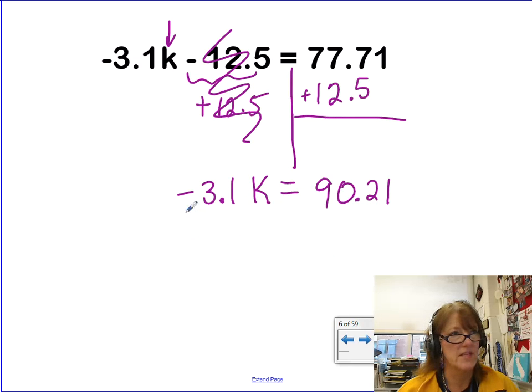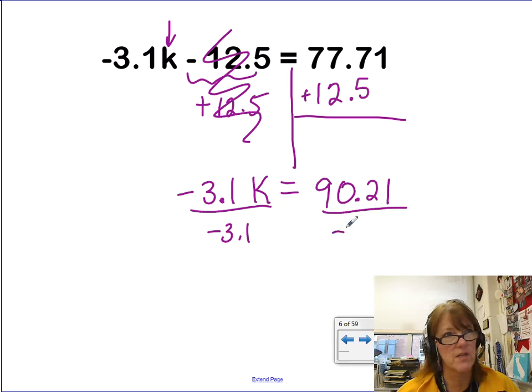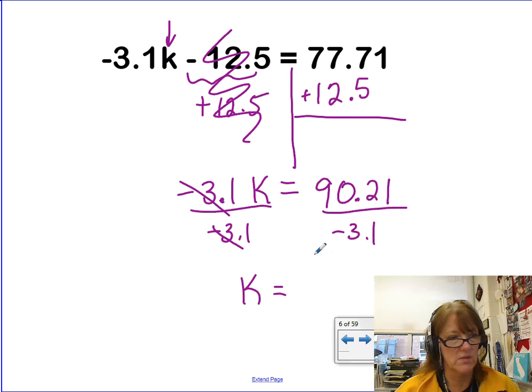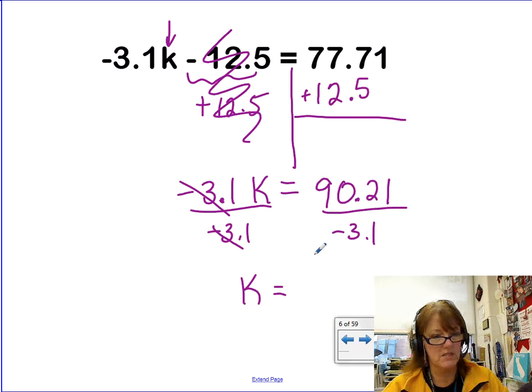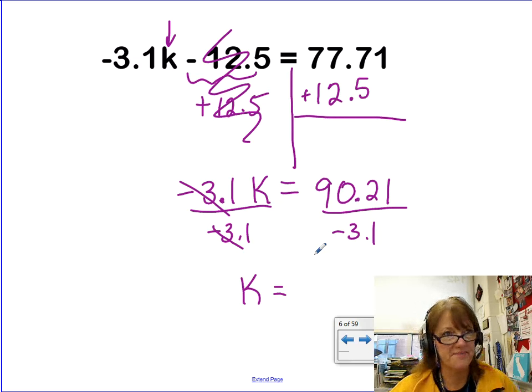Okay, last thing we need to do is divide, and specifically by -3 1/10. I get k equals, let's see, I better check this on mine because this one I'm not so quick with. 90 and 21/100ths divided by -3.1, I get -29 and 1/10.